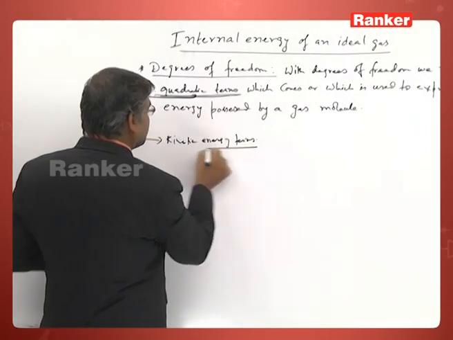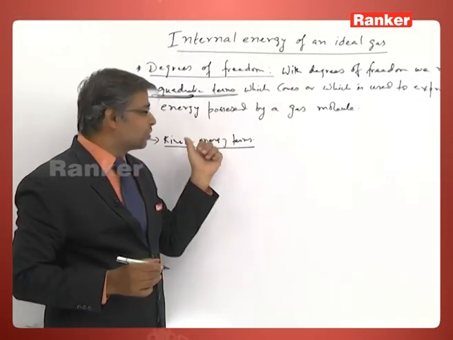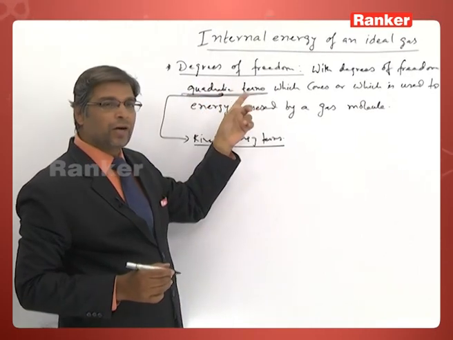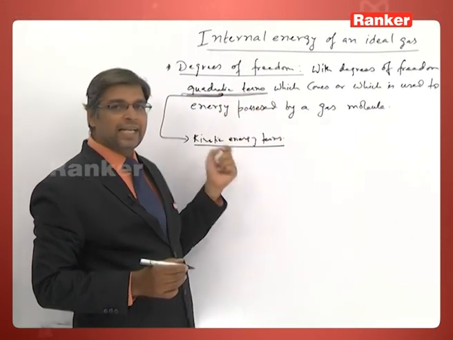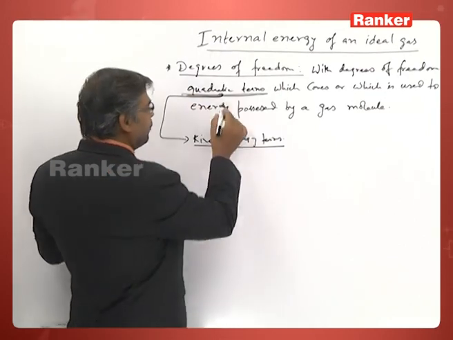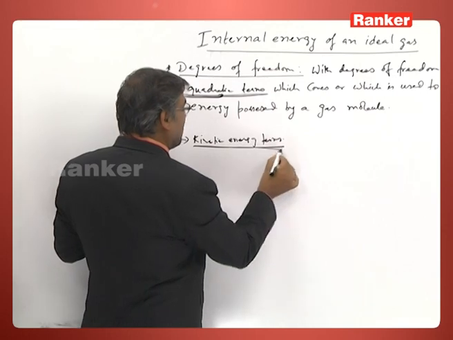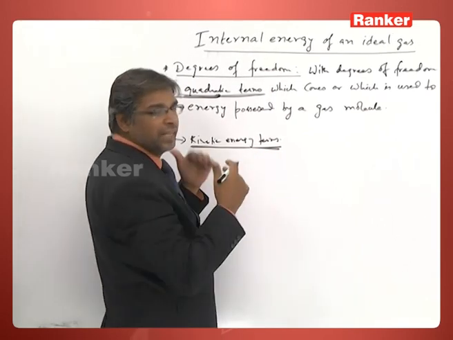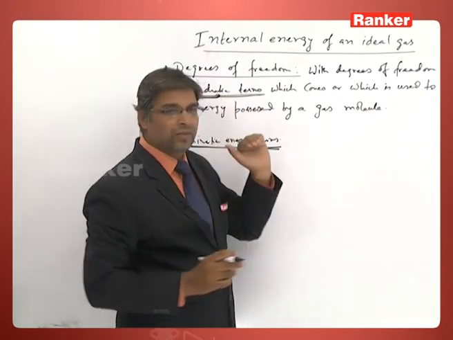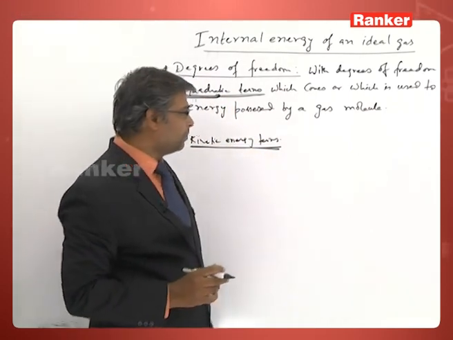This is the general term used in textbooks, kinetic energy terms. I have used quadratic terms because sometimes other energy terms are also used. So, this point has to be mentioned. If you are writing general notes, you write kinetic energy terms; if it is general, then quadratic terms. I will explain when I take an example.